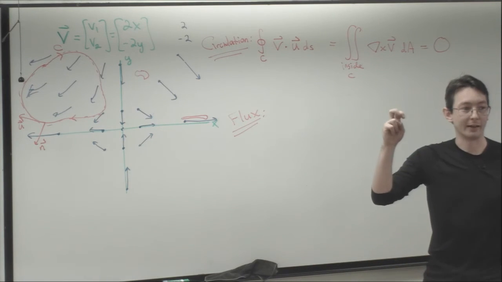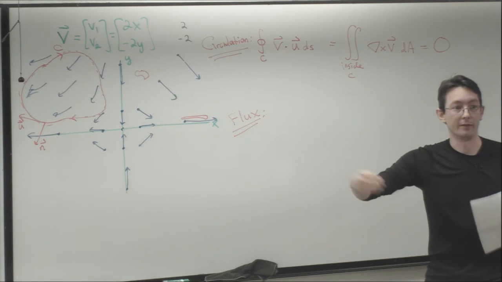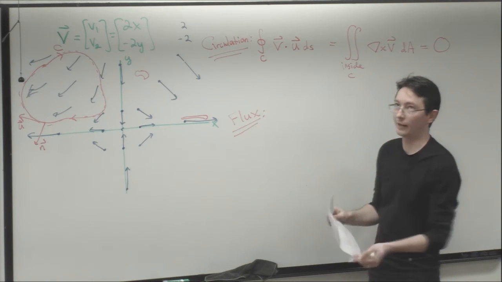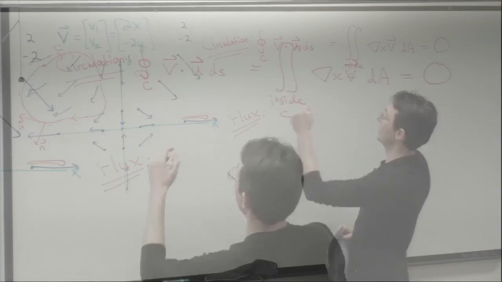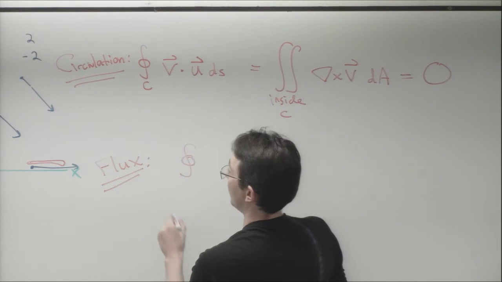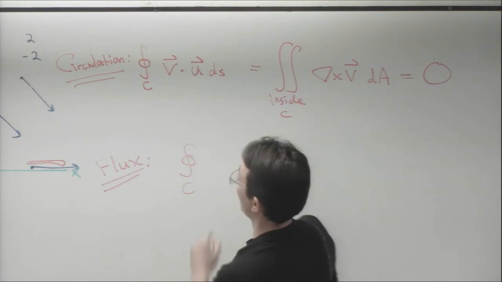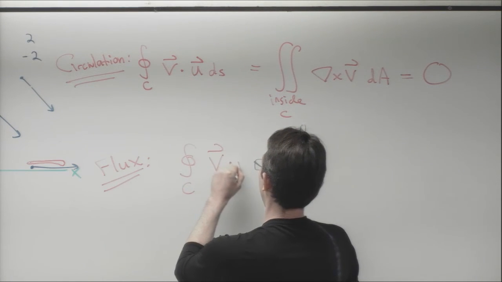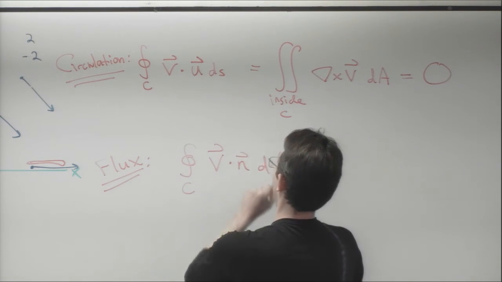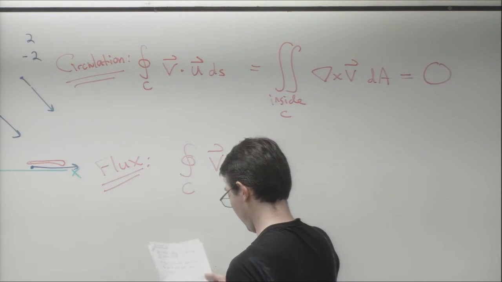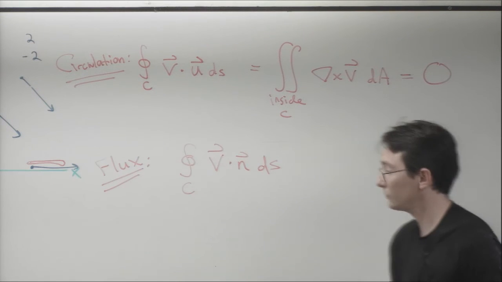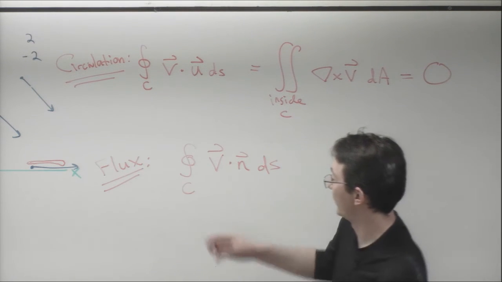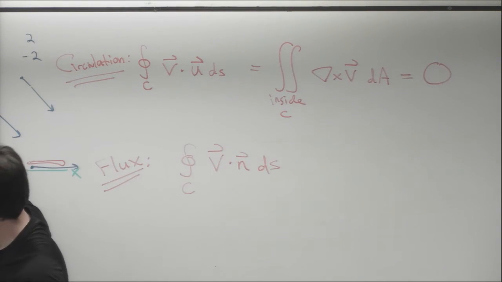It's called advecting because you're moving it through a vector field. Convecting, vect is vector. So the flux is the integral around C of my vector field dotted in the normal direction, ds, right? I'm going to integrate this around C. So this is the amount of stuff that is coming out of C.